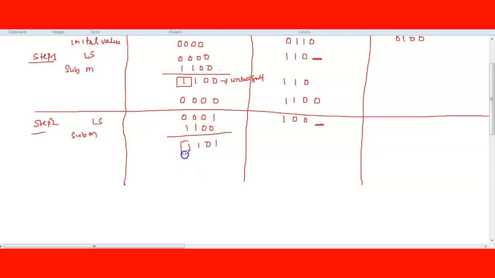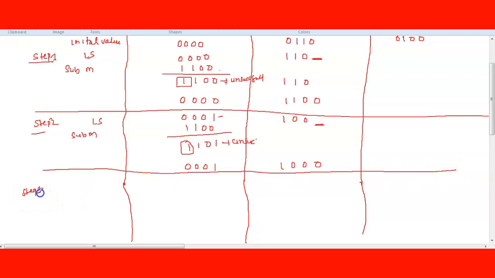Again MSB is 1, so the number is negative, so you have to restore the value by adding back the divisor. So you'll get 0 0 0 1 after restoration, and this value is 1 0 0 and 0, because the quotient will be 0, since this step was unsuccessful. Whenever we get unsuccessful, the quotient will be 0 and restoration is performed. Step 2 is over.